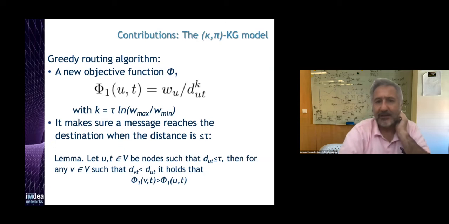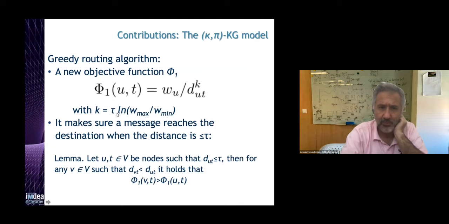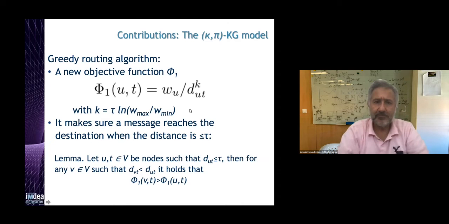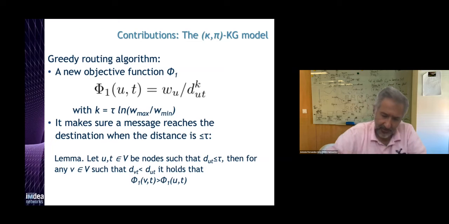And we add this exponent k here, which is essentially just dependent on tau, in order to decrease or at least control the fail rate of the routing operations.